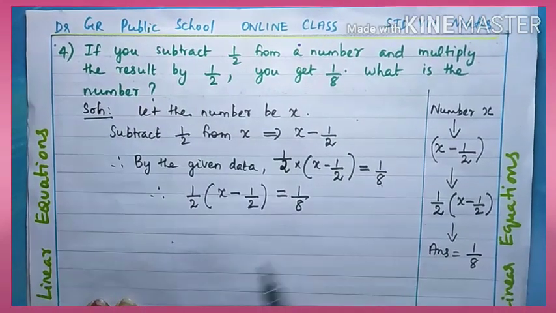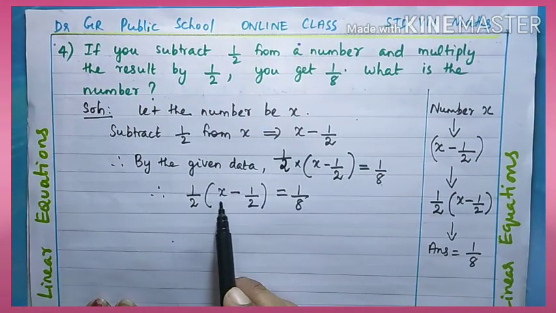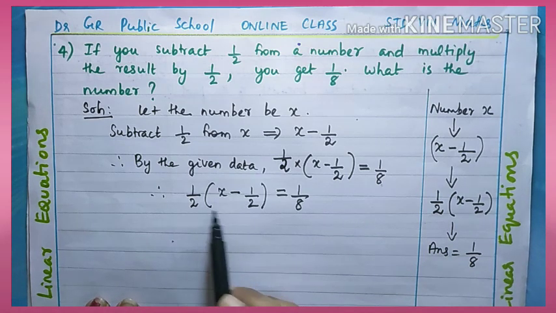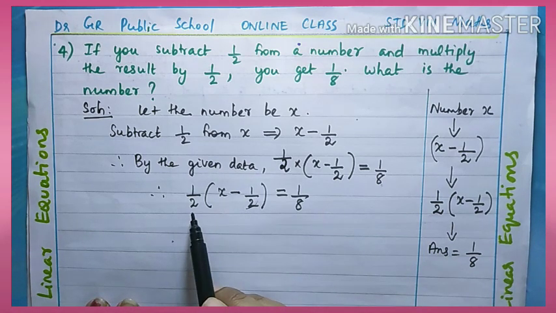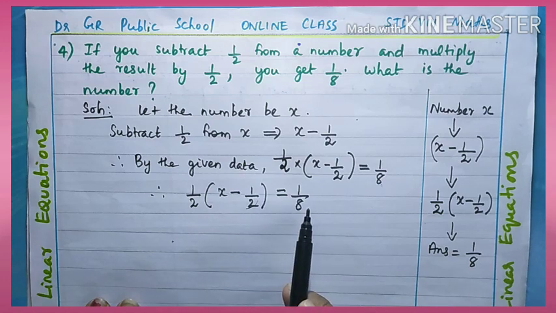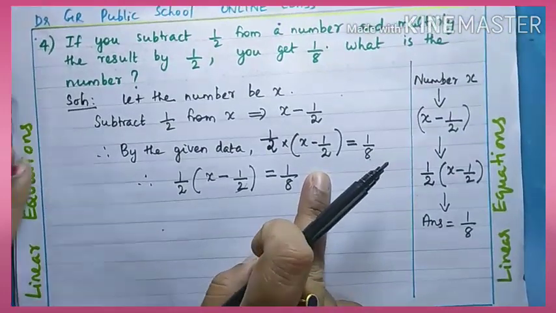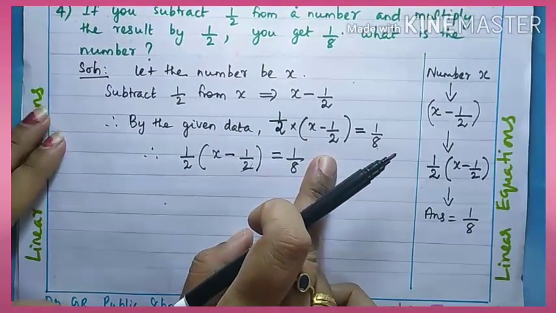Okay. Now you see, we are forming the variable x. From x, 1 by 2 is subtracted. This result is multiplied again by 1 by 2 to get the answer 1 by 8. Now it is of the linear equation form. We are going to find the value of x.